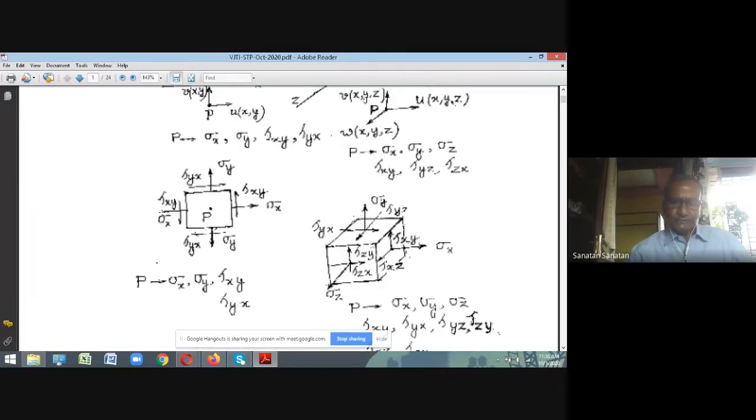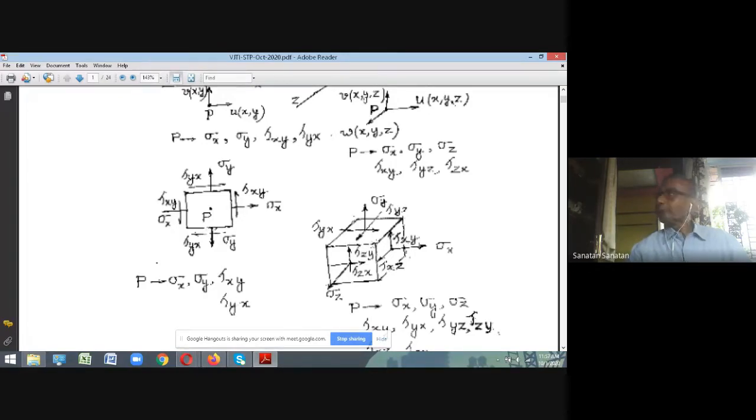Similarly, the shear stress acting on this face is acting downward, in the negative y direction. So it is also indicated as tau xy, because it is a negative face acting in the negative y direction. It is also a positive shear stress.